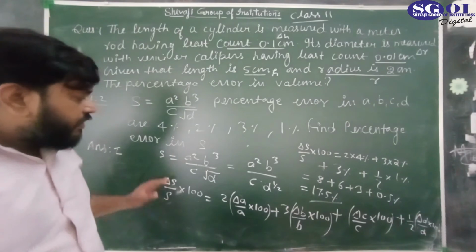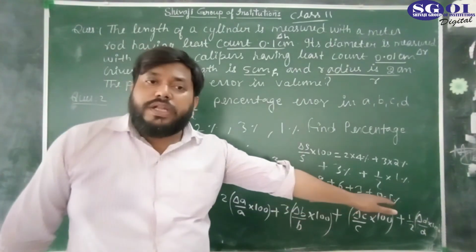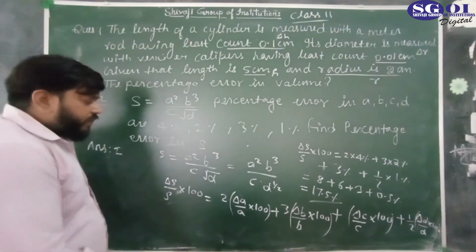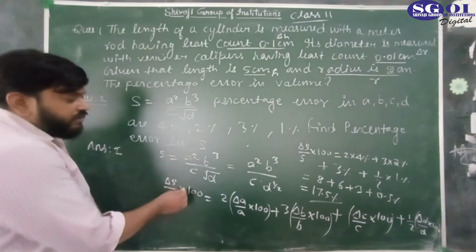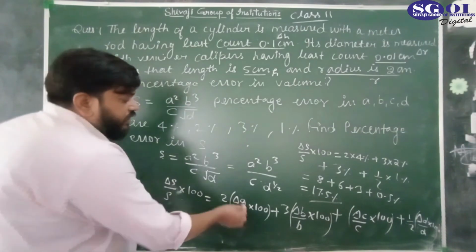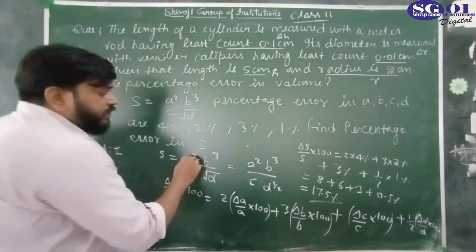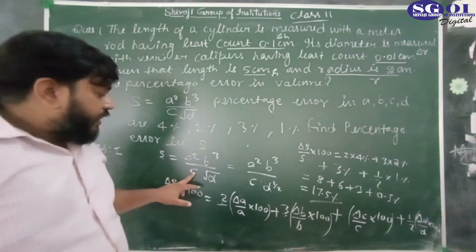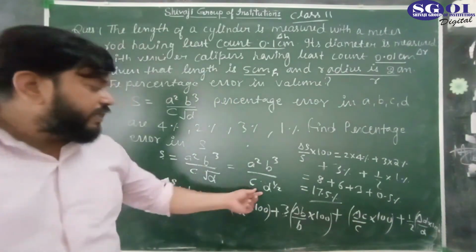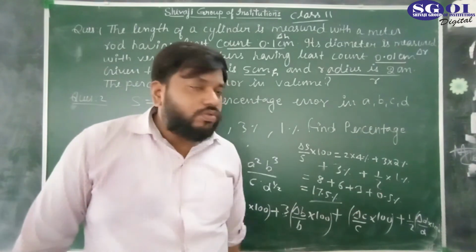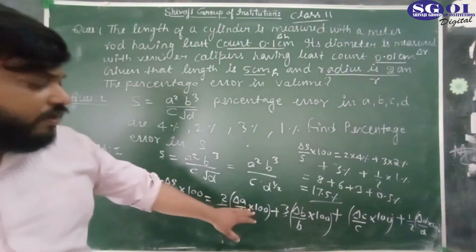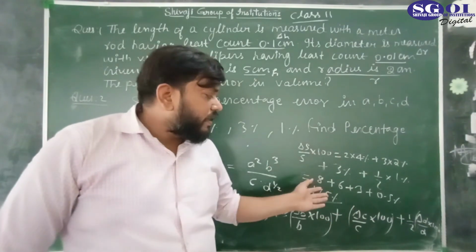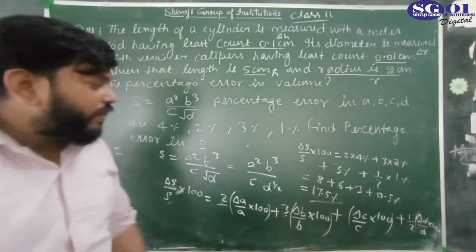So we can write this relation by the concept of combinations of error. The percentage error is equal to 2 into percentage error in a plus 3 into percentage error in b, because exponent terms come into multiplication, and in c and the power of d is 1 by 2 for the root. We have put in all the values of percentage error in a, b, c and d respectively, and found the answer 17.5%.